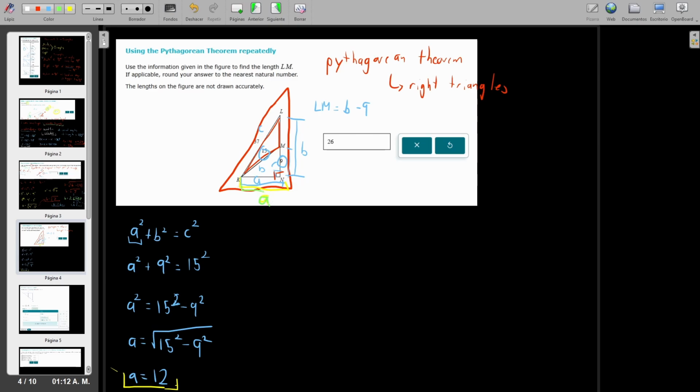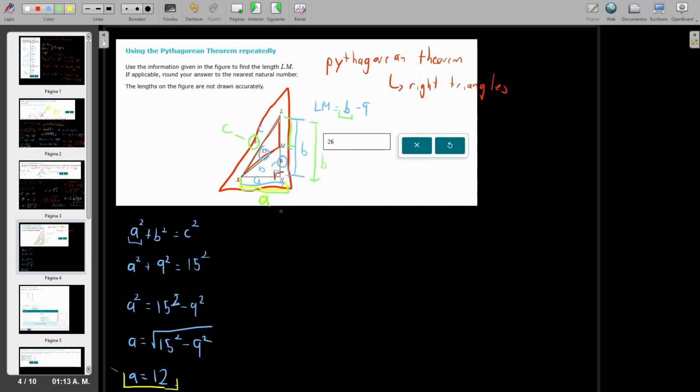This value, right? Now we're going to find the value of B, this green B. We have the value of A. This 37 is going to be the value of C, and we need to find this B. Why? Because we need this B minus 9 to have the value of this segment, LM.